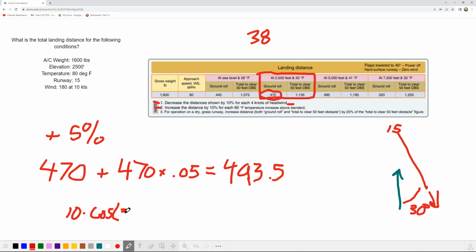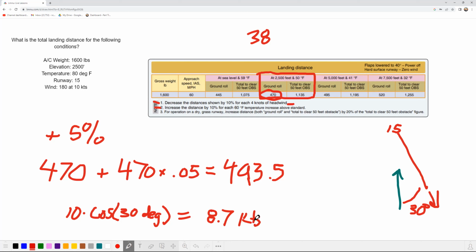So then you do 30, and you want to make sure this is degrees when you type this into your calculator, not radians. But if you do that, you can just type this exact thing into Google, and it's going to give you like 8.6, 8.7. So our headwind is 8.7 knots.